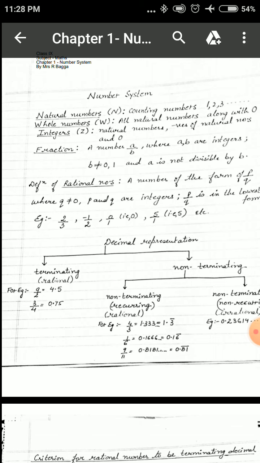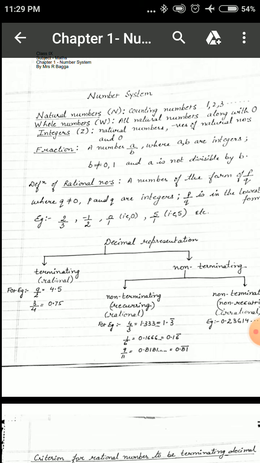For example, 9 upon 2 will give you 4.5, 3 upon 4 will give you 0.75. In this, we observe that after the division, the decimal place has only a single digit, that is 5 in the first case, and 0.75 in the second case.